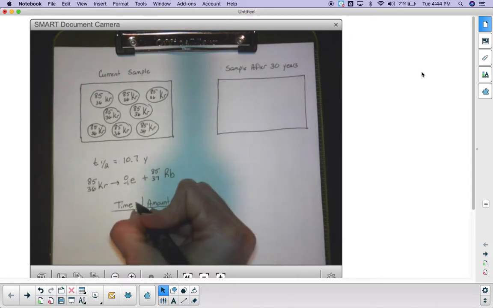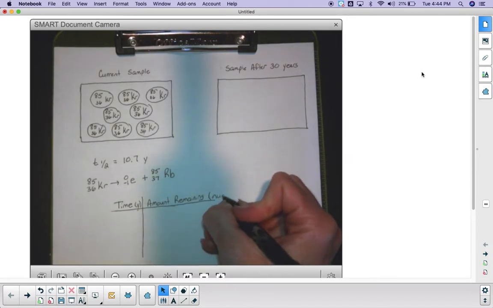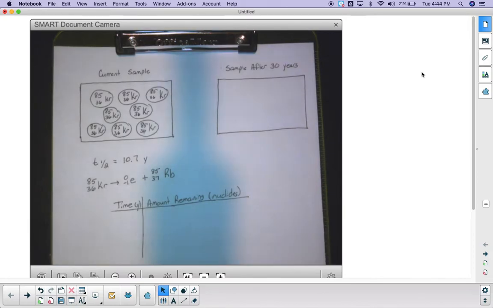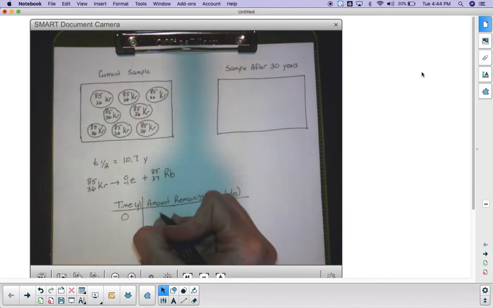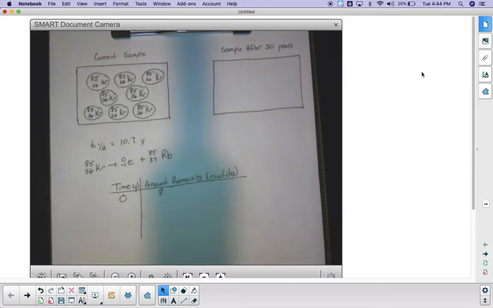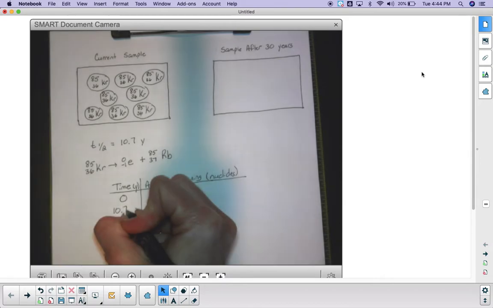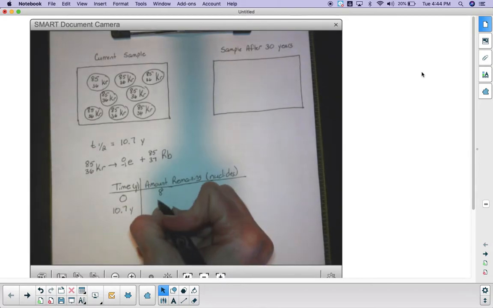Our time is going to be counted in years, and our amount remaining in nuclides. We start at time 0, and at this point, my picture has 8 of the krypton nuclides remaining. After 1 half-life, or 10.7 years, that amount's going to be cut in half.